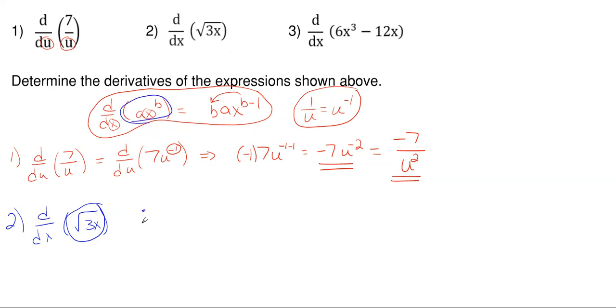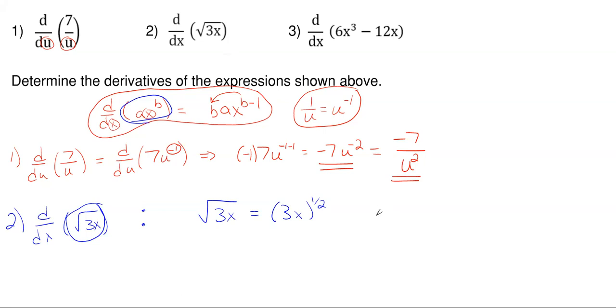So let's go over here for a second. The square root of 3x, well, anytime you have the square root of something, that is taking it to the half power. So we're kind of in that form right now. But instead of it just being the variable x to the half power, the 3 is also to the half power. So we have to take this half power and throw it in here.